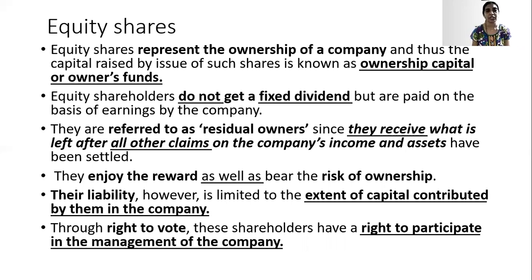His belongings, like his own car, bungalow and building, the company cannot touch. If the company is going to wind up, at that time the shareholder's personal assets are not going to be considered. Only up to the 10,000, the liability is restricted to the contribution of a shareholder.